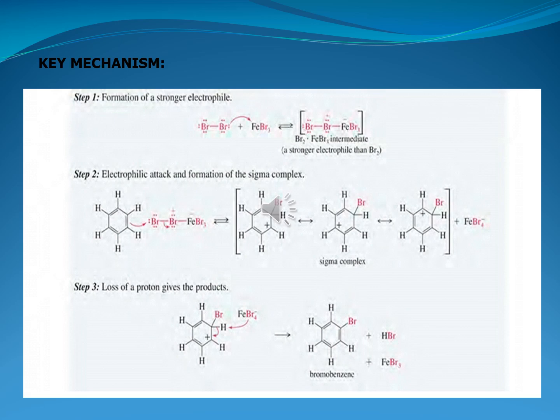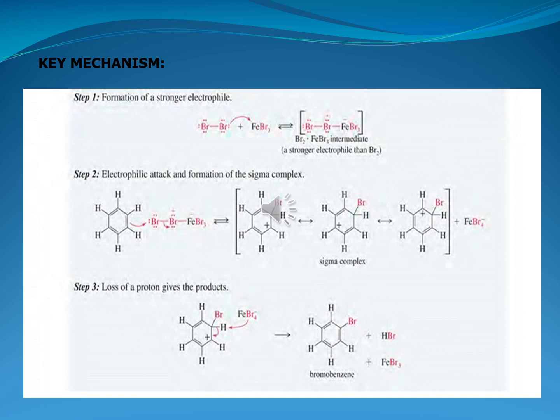Let's see all the steps in detail. With iron tribromide as a Lewis acid, we can mix bromine with iron tribromide to give us bromine as an electrophile. This is a much better electrophile than bromine alone. Bromination is achieved with the help of iron tribromide, a Lewis acid, as it polarizes the bromine-bromine bond.